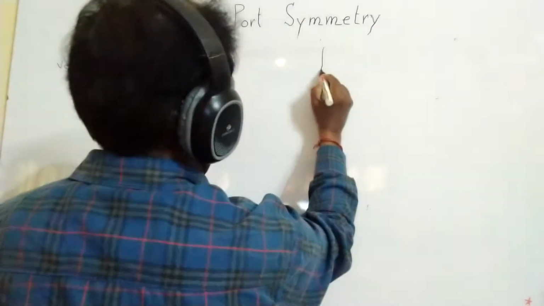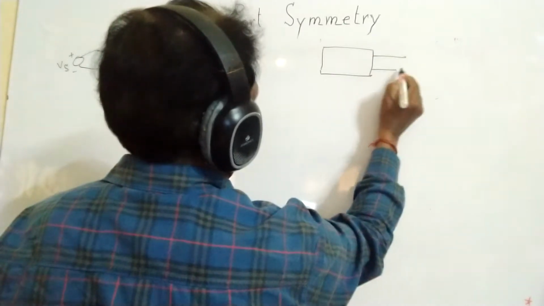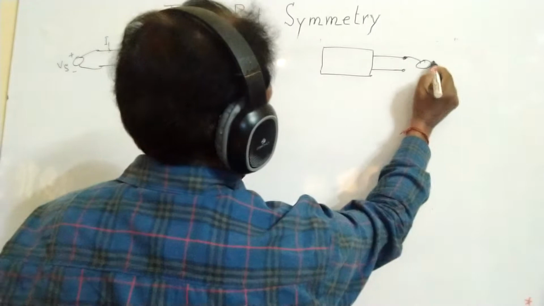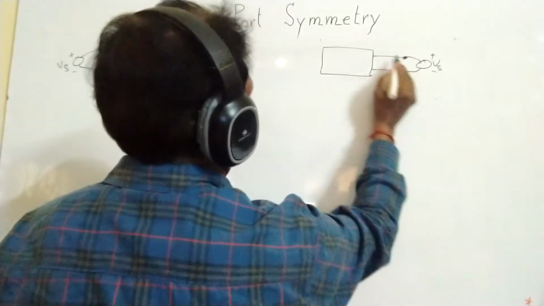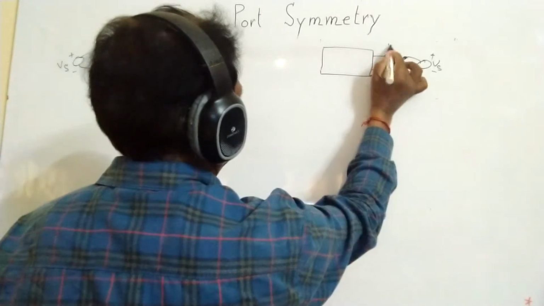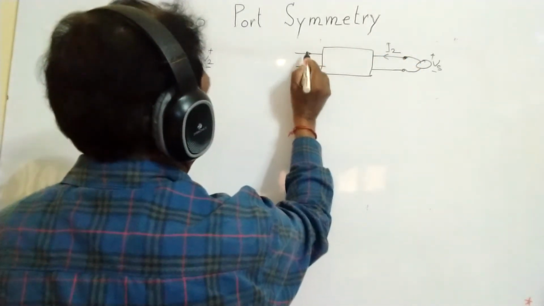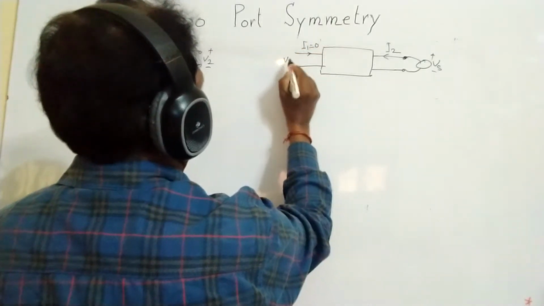And here the two-port network was like this, and here we had connected Vs at the second port with current I2, and we have made I1 equal to 0, and this was V1.